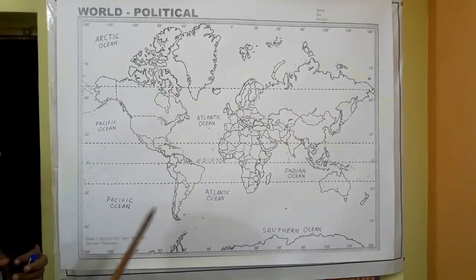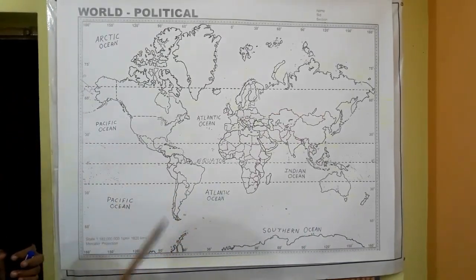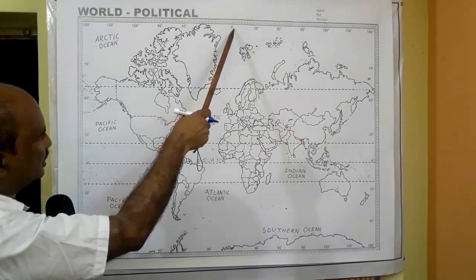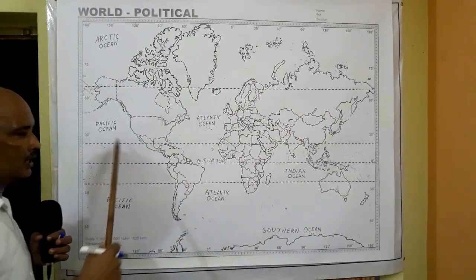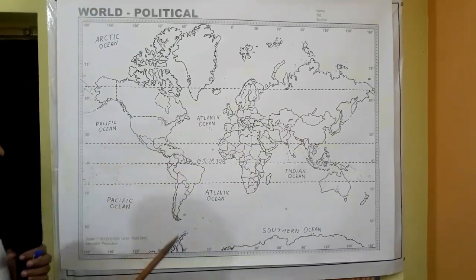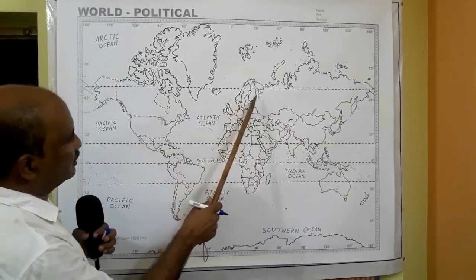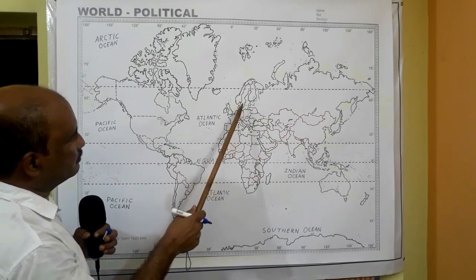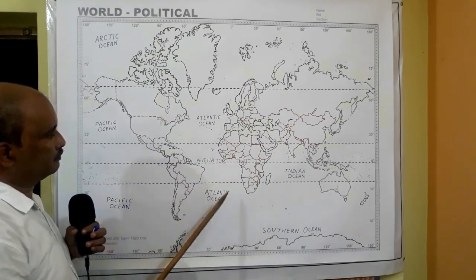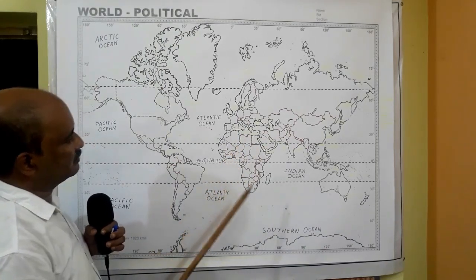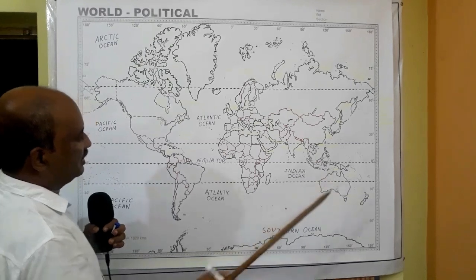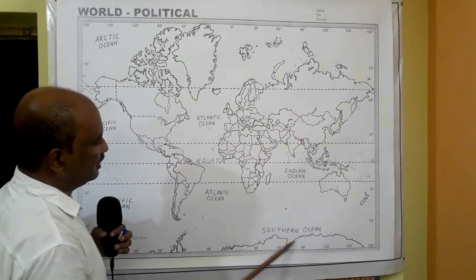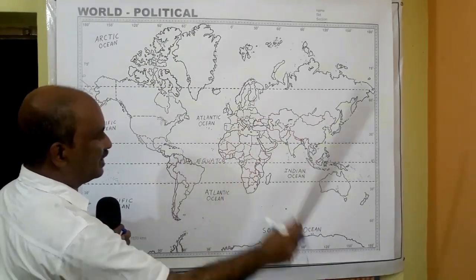Now let us go in the other way. The other way is, if we divide longitudinally, if we divide the earth into two equal halves, then we find that complete Asia and parts of Europe, parts of Africa and Australia, and a big portion of Antarctica will come in the eastern hemisphere.